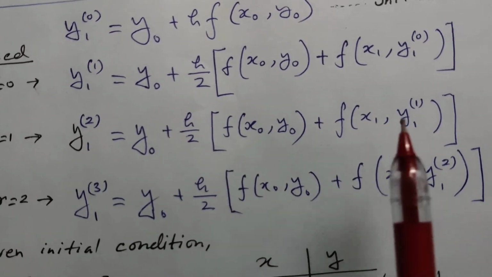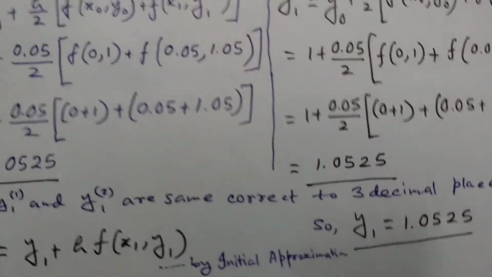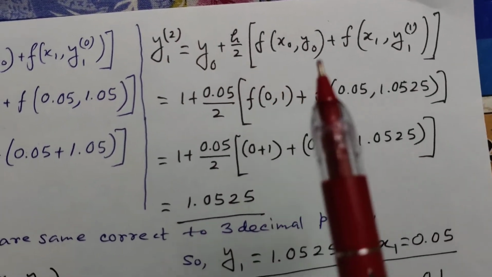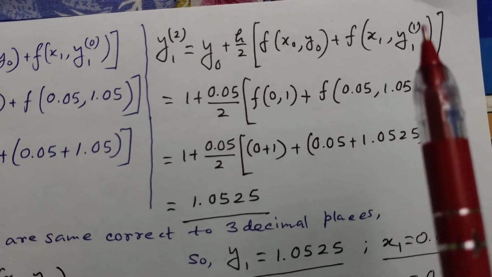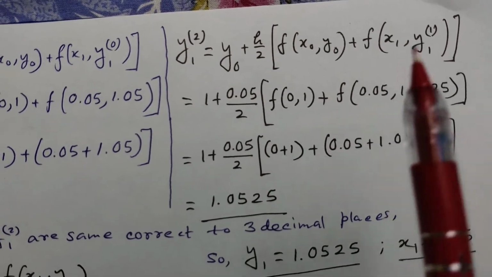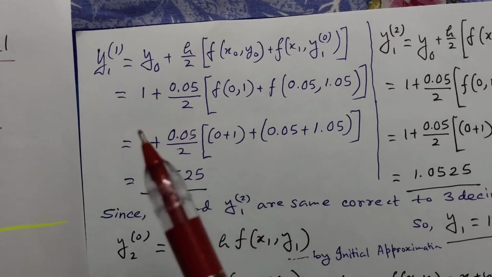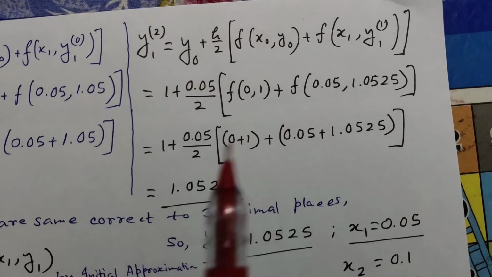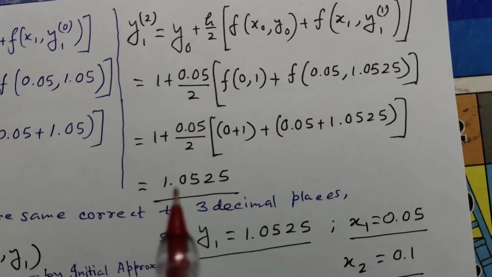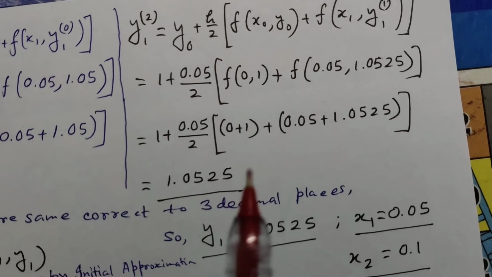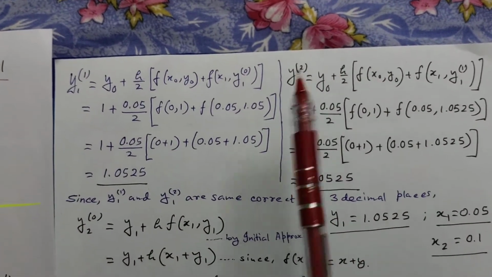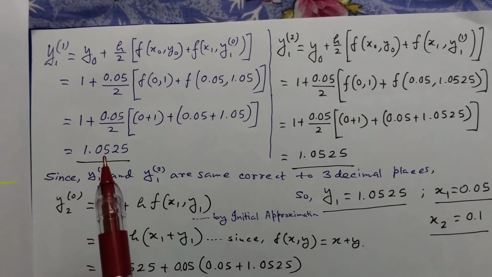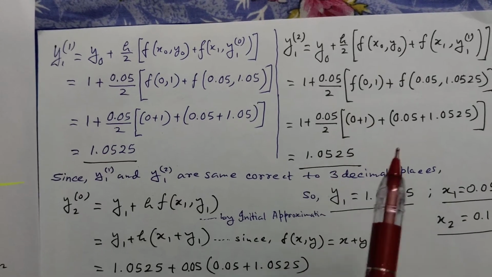See, y12. Now putting all the values of y0, h, x0, y0, x1, y11, where we have the value 1.0525, after calculation we get 1.0525. See, y12 and y11 both have the value 1.0525.